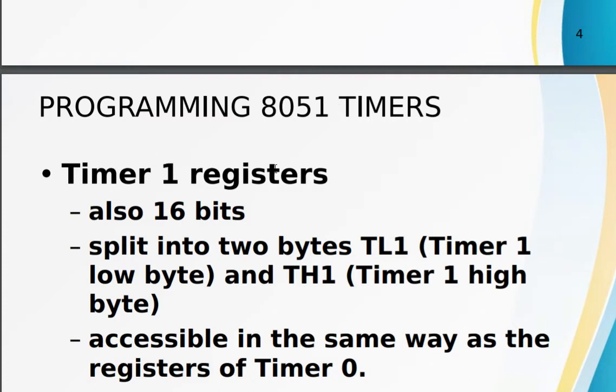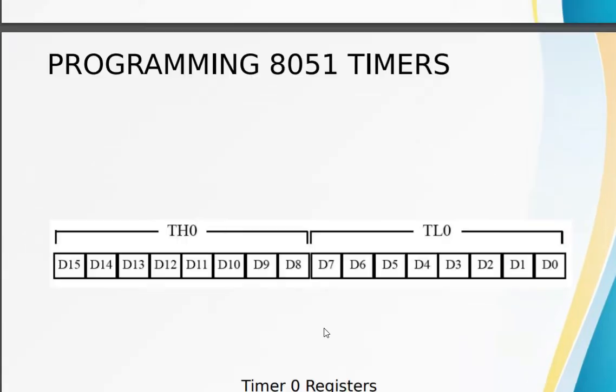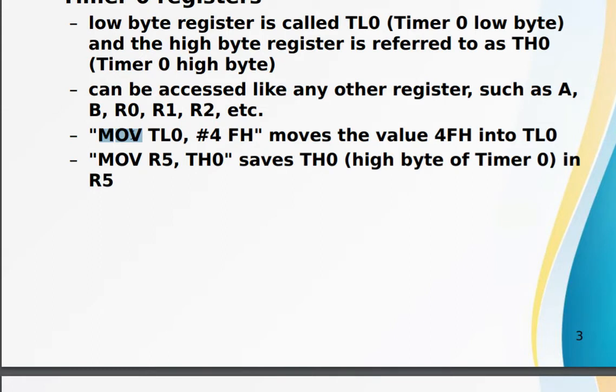Timer 1 is also 16-bit and is split into two bytes, TL1 and TH1, and it is accessed in the same way: MOV TH0 with a hexadecimal value, or MOV TH1, R5, so that the value of R5 will be stored in the TH0 or TH1 byte as per your requirement.